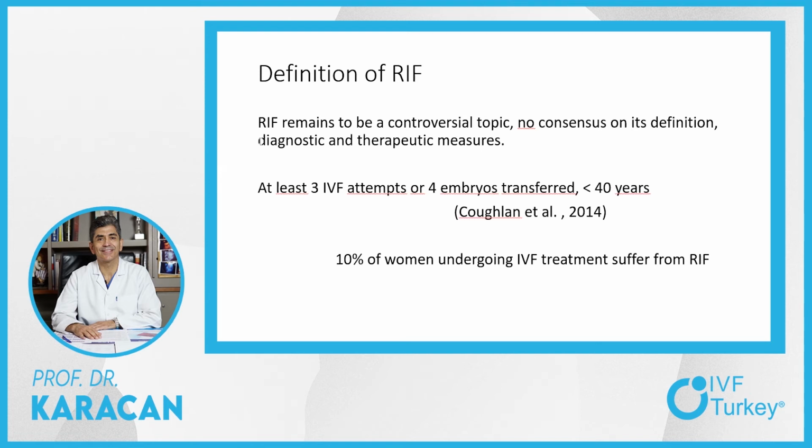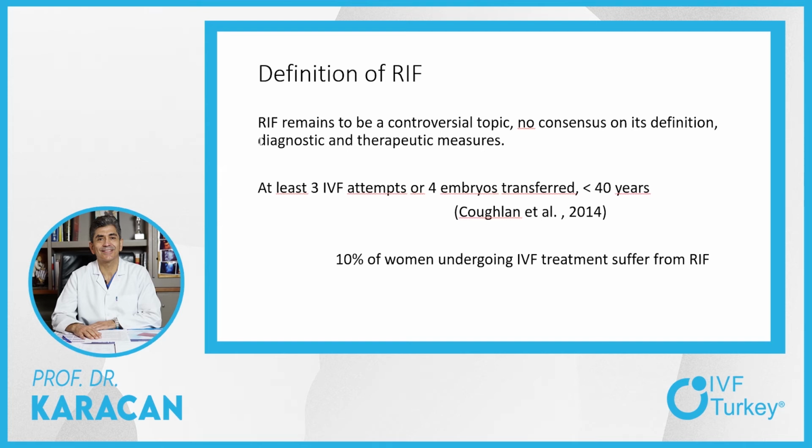But mainly, this is the generally accepted definition: at least 3 IVF attempts or 4 embryos transferred in women less than 40 years of age. I'd like to emphasize that, less than 40 years.